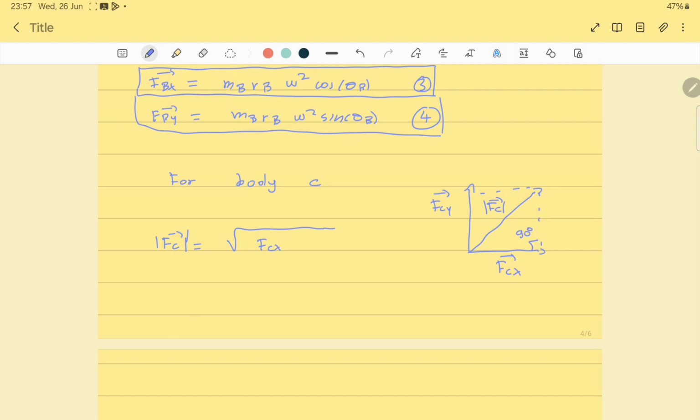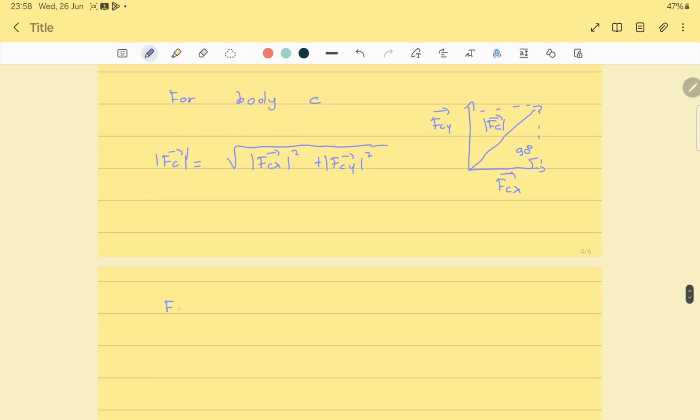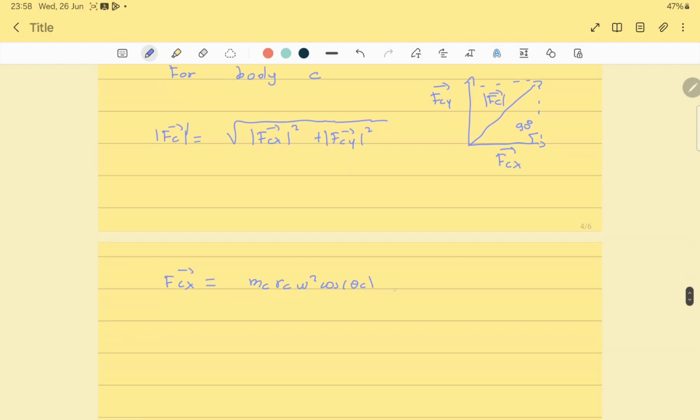So it's FCX squared plus FCY squared. FCX equals MC RC omega squared cos theta C, and FCY equals MC RC omega squared sine theta C. So this is the force in the x direction, and this is the force in the y direction.